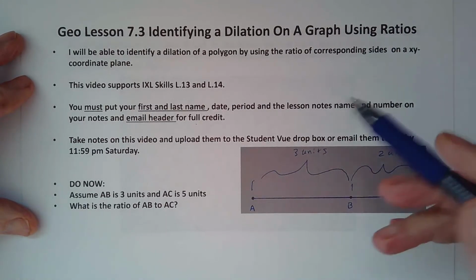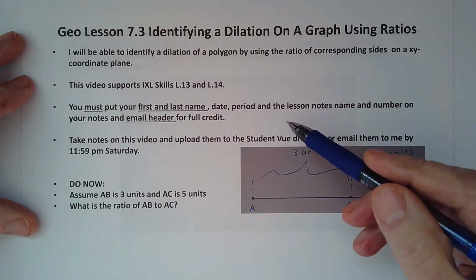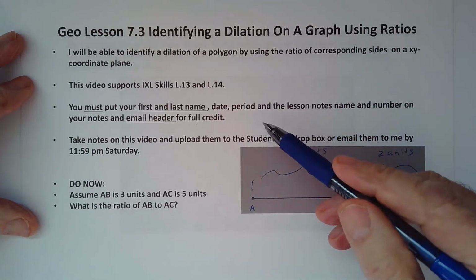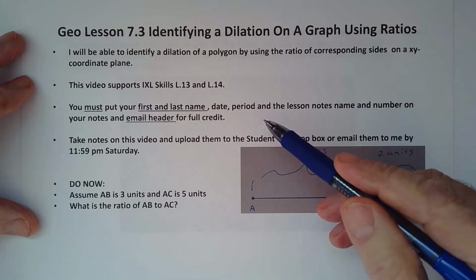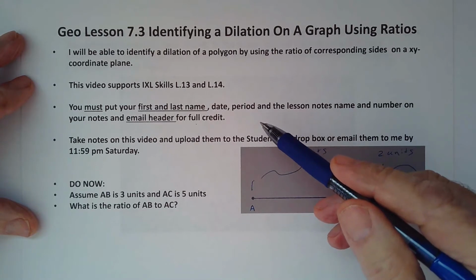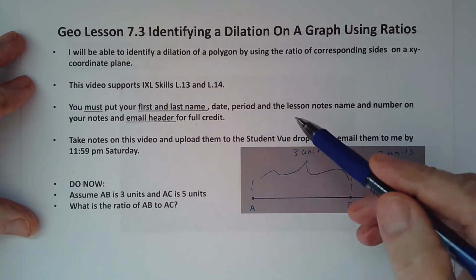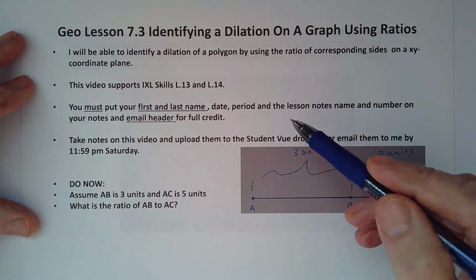Again, remember to take notes and put a header on your notes with your first and last name. And remember that I want your full first and last name, no aliases, no abbreviations. And put your date, period, and the lesson name and number into your notes.